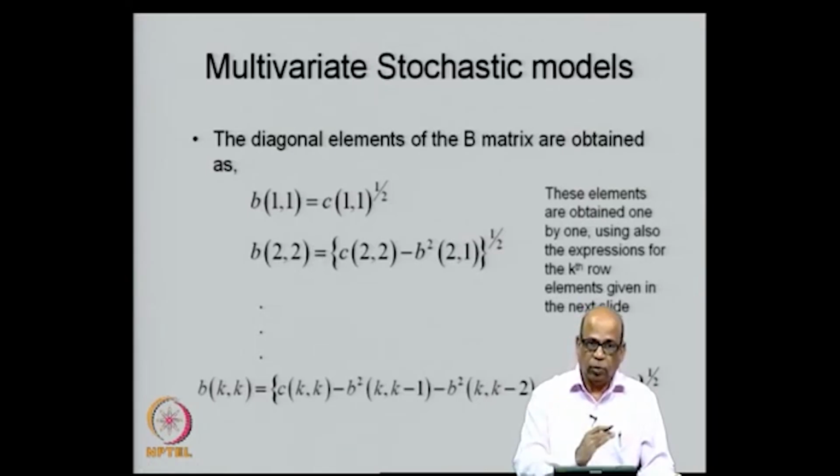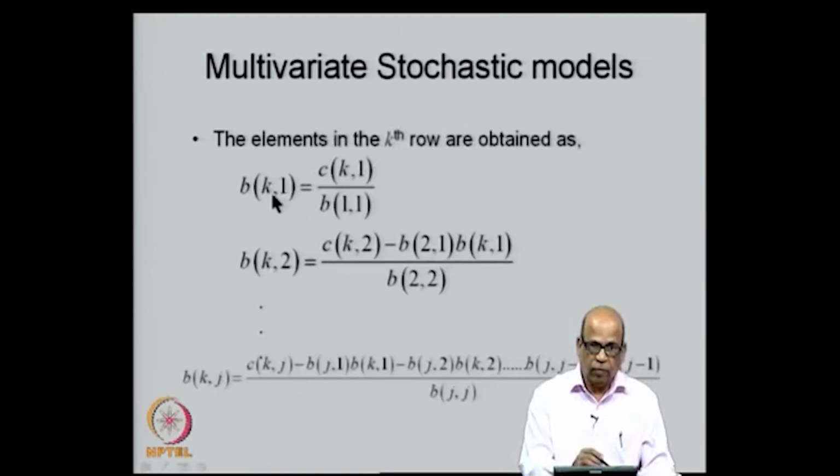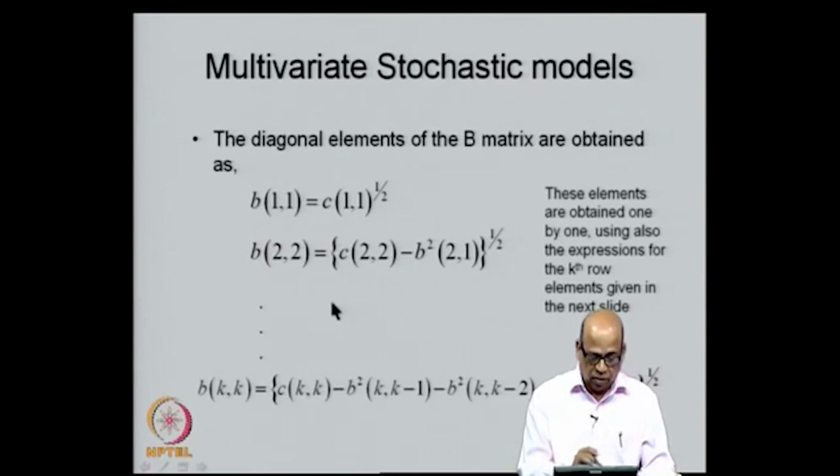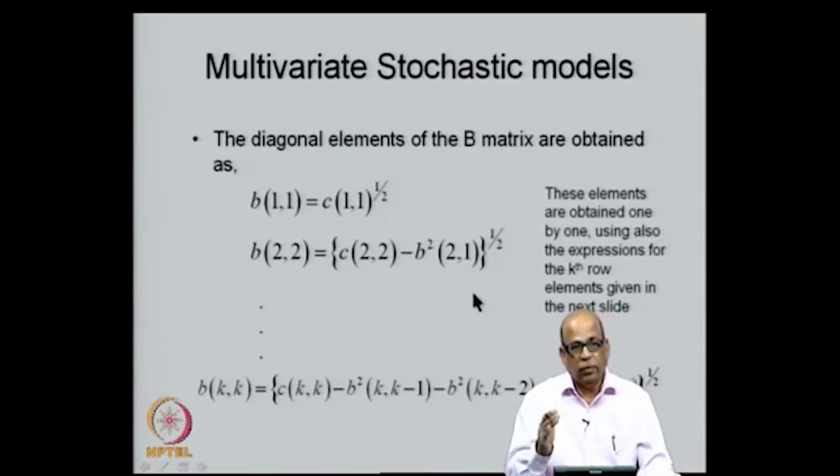Then you go to the third row, B31 you determine from here, B32 you determine from here, then you go to B33. For B33 you have the diagonal element expression like this.